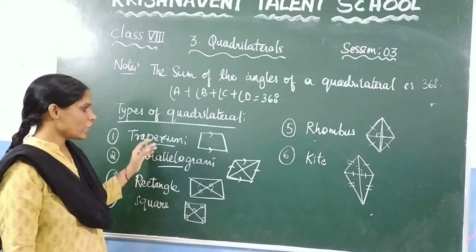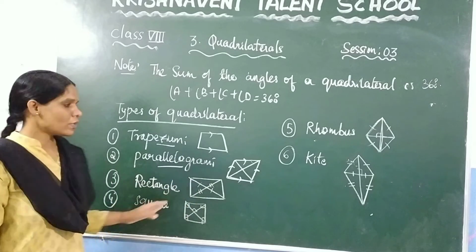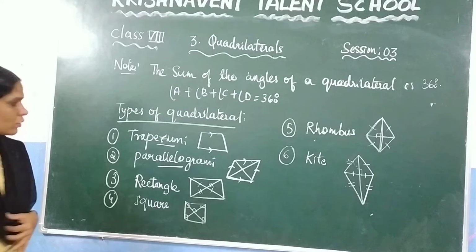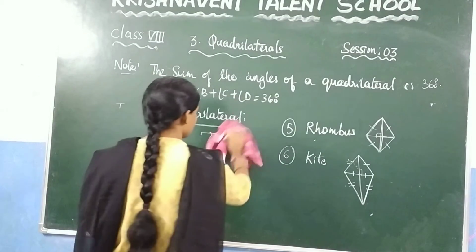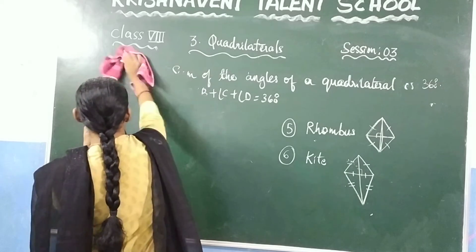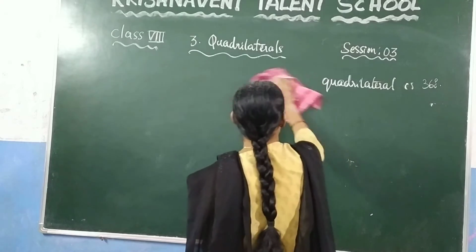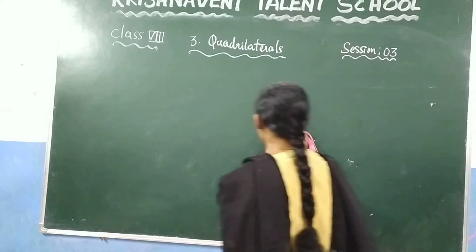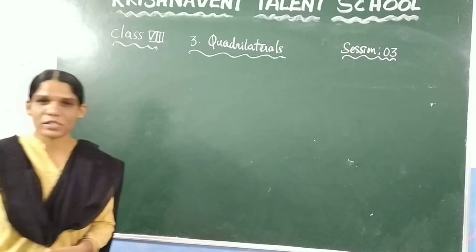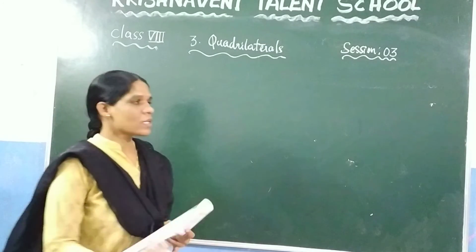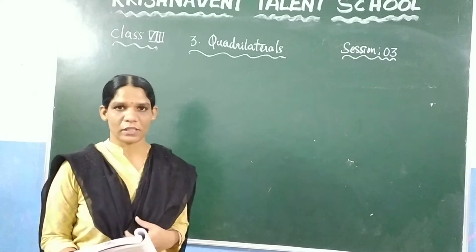Now we are going to discuss how to draw these types of quadrilaterals. Now see it here. The first one we are going to discuss is if four sides and one angle are given. Suppose you are given four sides and one angle, how to draw a quadrilateral.